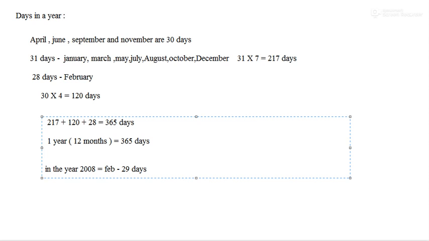So the earth will take, to go round the sun once, 365 1/4 days. So 1/4 plus 1/4 plus 1/4 plus 1/4. So 4 times 1/4 is the same as 1/4 into 4 equals 1.